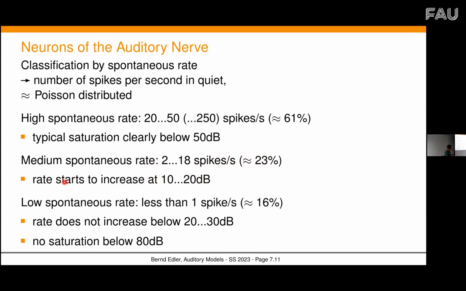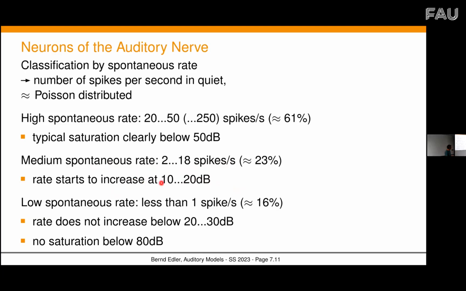But the rate would not start increasing already at 0 dB, it would kick in starting at 10 to 20 dB, and only at levels above that would it increase the firing rate significantly.